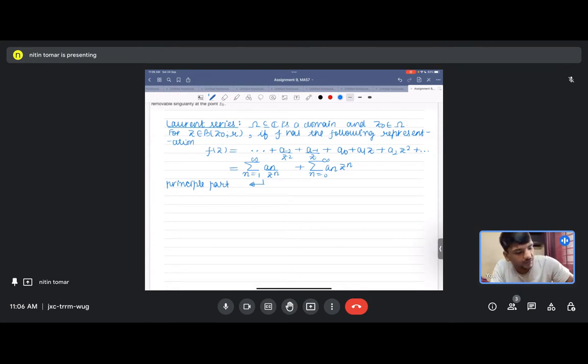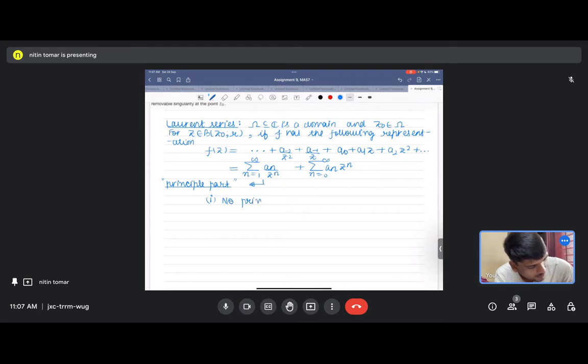So if z naught is an isolated singularity, and f has this representation, which we call the Laurent series representation, then its principal part consists of the negative powers of z. Only three cases are possible, right?